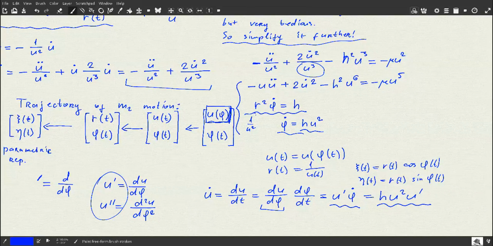Now, a bit more complex stuff. U double dot is du dot dt, obviously. U dot we already know is h u squared u prime. So h is obviously factored out: h d dt of u squared u prime.